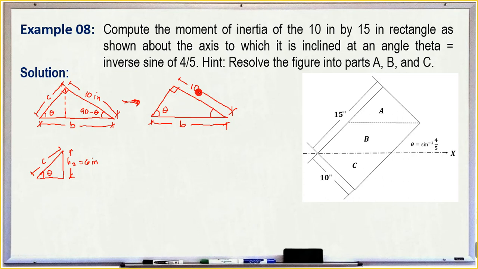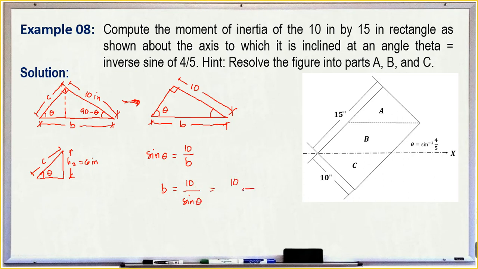So therefore, we can take sine theta. We have sine of theta equal to the opposite side of this angle theta, which is 10, all over the hypotenuse B. So therefore, our B is equal to 10 over sine of theta.